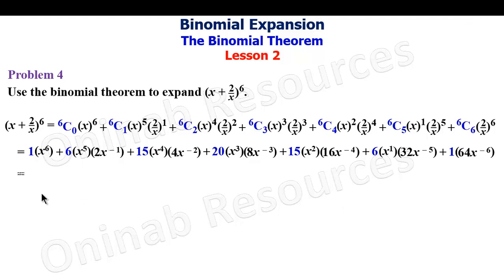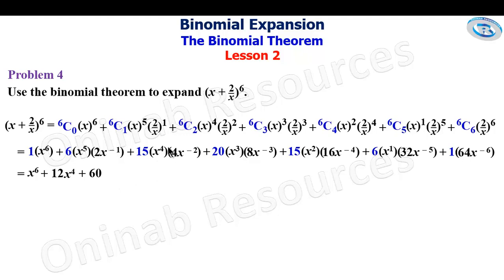This is going to give us x raised to power 6. 6 times 2 gives 12, so plus 12 x raised to power 5 times x raised to power negative 1. What we just do is 5 minus 1, which gives 4. So we have x raised to power 4 plus 15 times 4 gives 60.